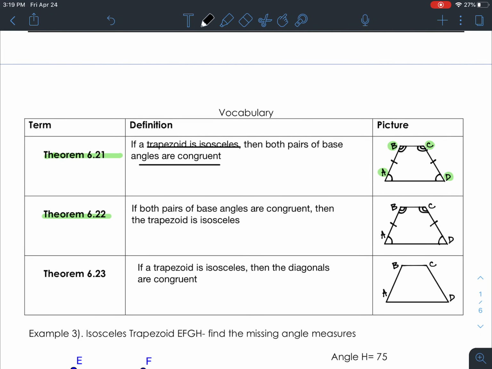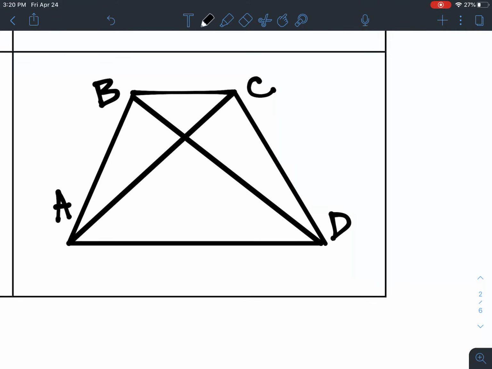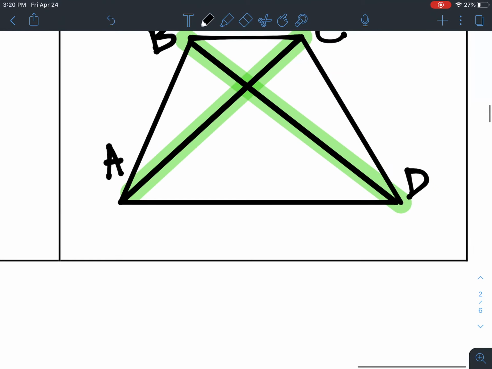Now the last one is if a trapezoid is isosceles, then the diagonals are congruent. If I drew the diagonals in, connecting B and D with C and A, these two segments, AC and BD, have to be congruent.